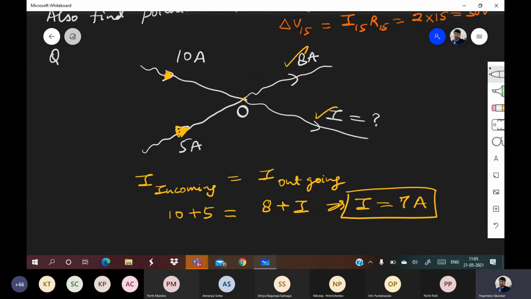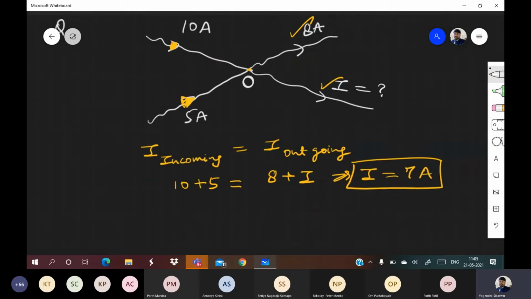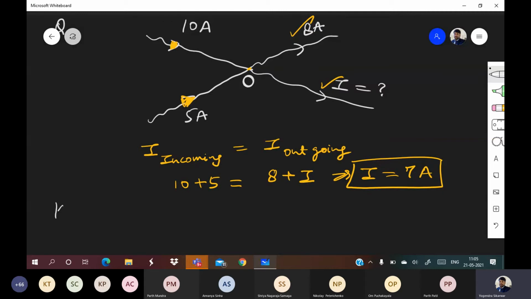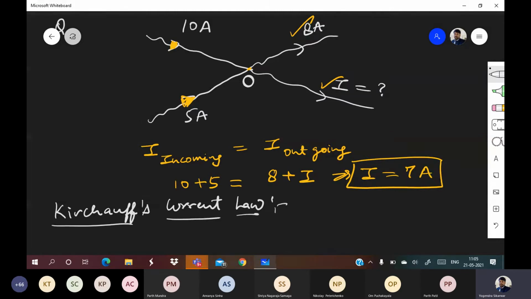Now the thing which you have solved is based on Kirchhoff's current law. Please write Kirchhoff's current law. There was a scientist called Kirchhoff. He gave two laws to simplify electrical circuits.